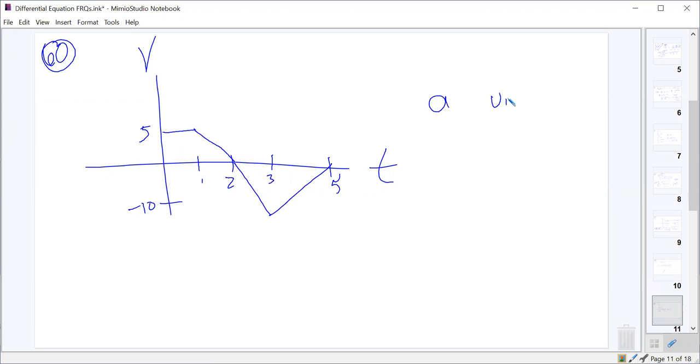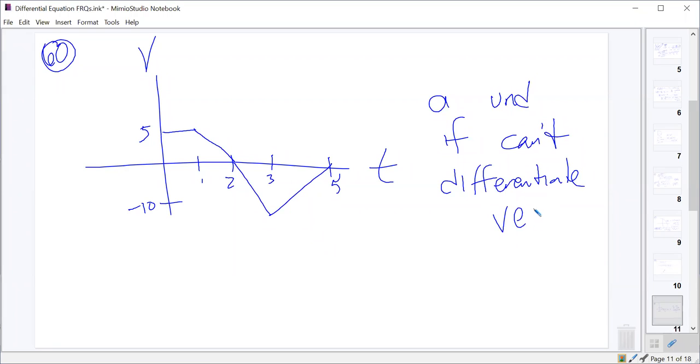So acceleration is undefined if you can't differentiate velocity.